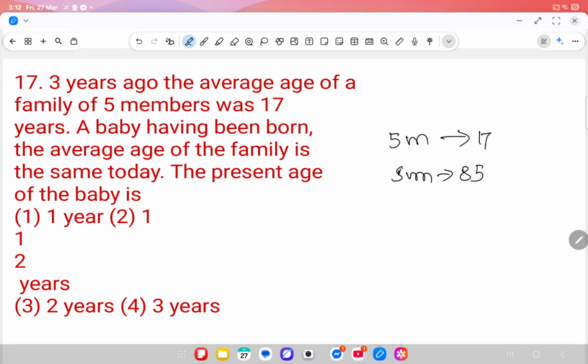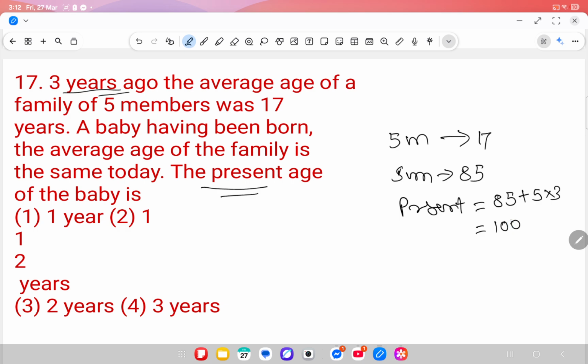But this is 3 years ago, and finally they are asking about the present. 3 years ago it was 85 for 5 people, so for the present, how many people? 5 people. So each person we need to increase by 3. So 5 into 3, 15.